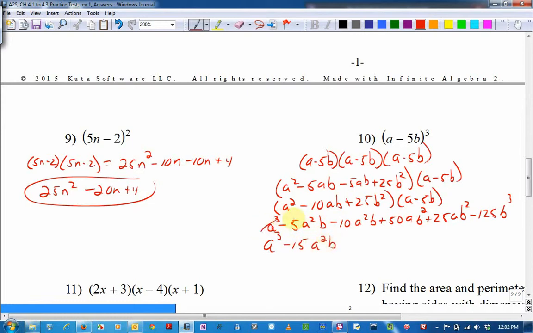So I've got this term gone, I've got this and this. Now I've got these a, b squared terms. I have a plus 50 and a plus 25, so plus 75, a, b squared, takes care of those. And then lastly, I have a minus 125, b cubed.